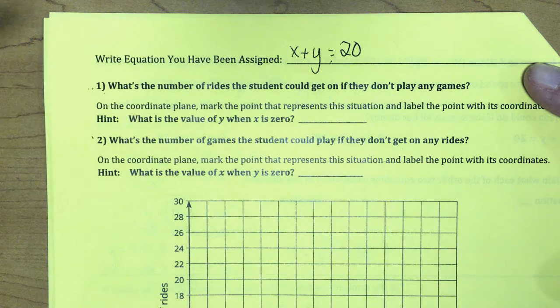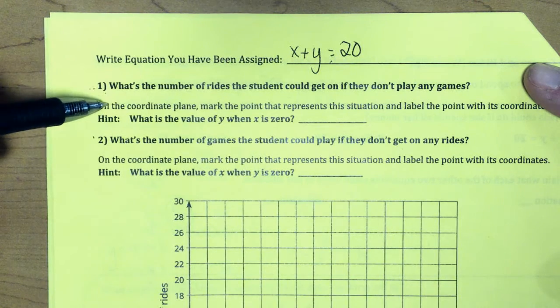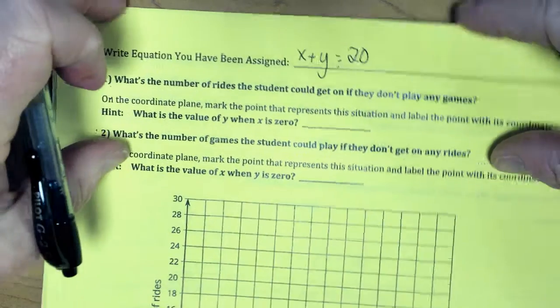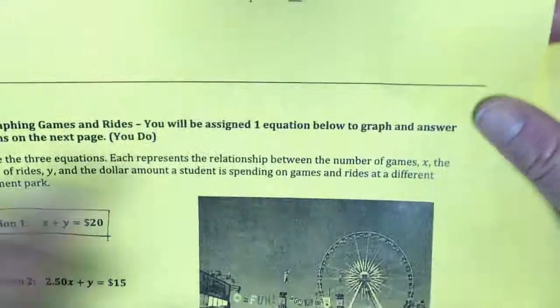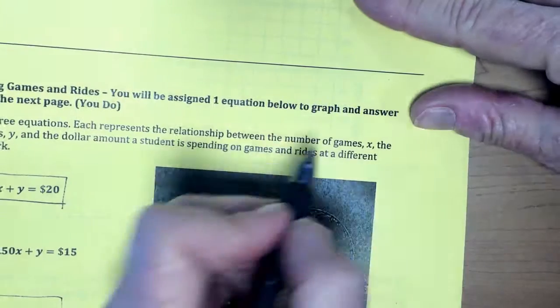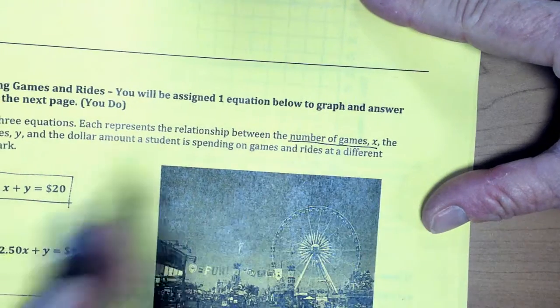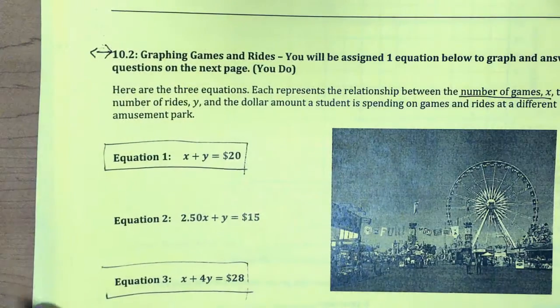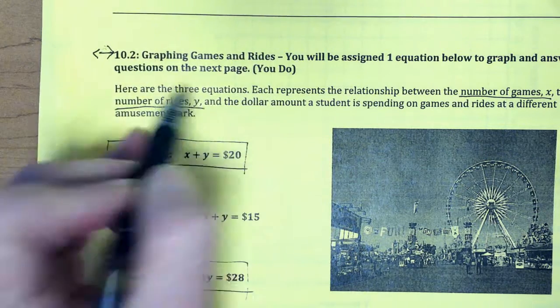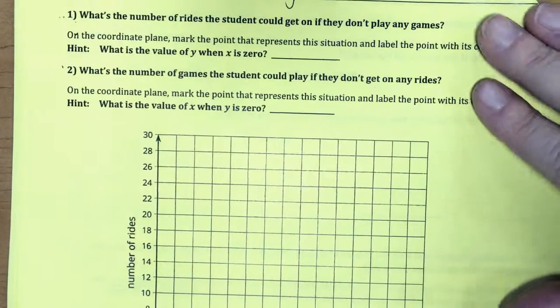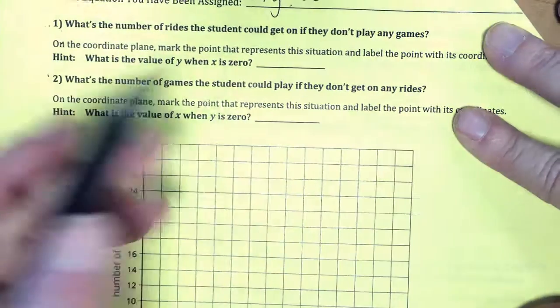What's the number of rides the student could get on? Okay, so let's go back, and let's just make sure. I want to just clarify something. So what is x? X is the number of games. And what is y? Y is the number of rides. Okay, so let's go back here. X is games, right?